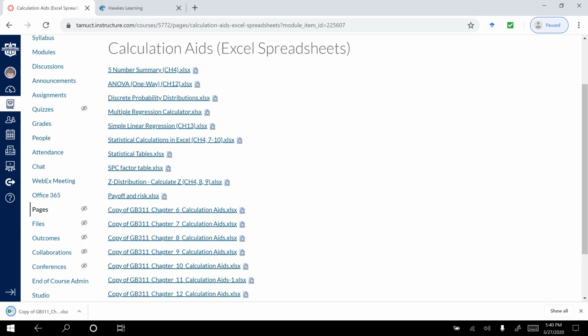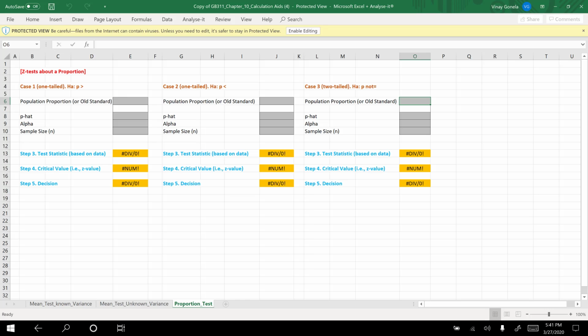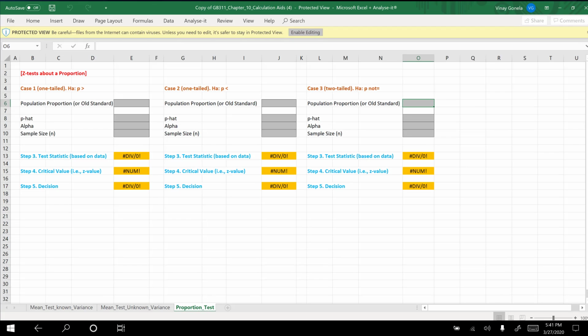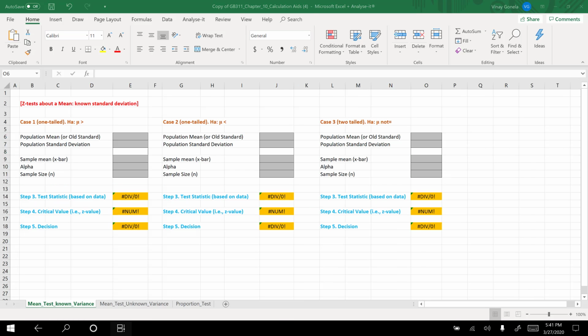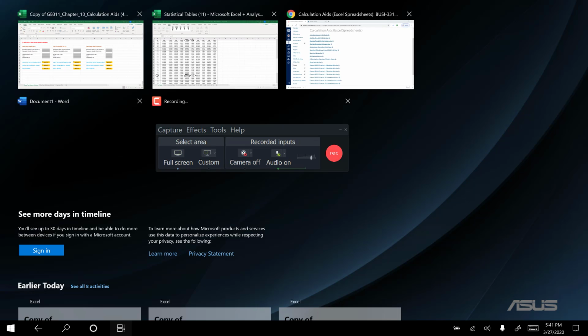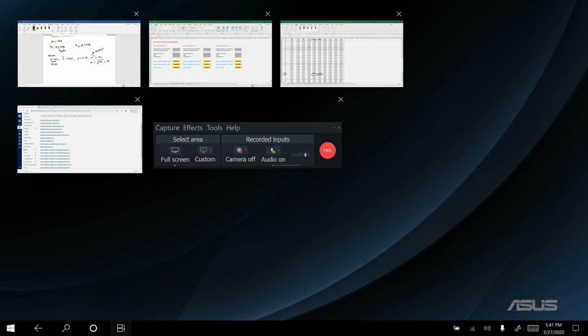Again, I'm downloading this again and again because while videotaping it becomes difficult to type in again on the same used spreadsheet. We wanted to go to mean test known variance because we have our variance known. So this is given as known and n is also greater than 30. So we will be using that sheet, known variance sheet.